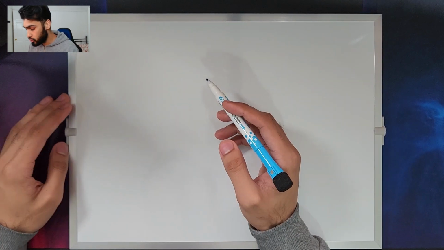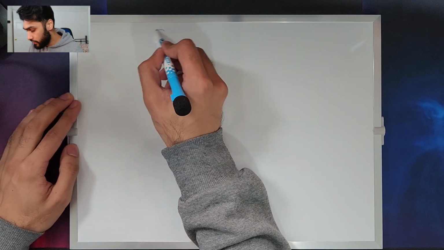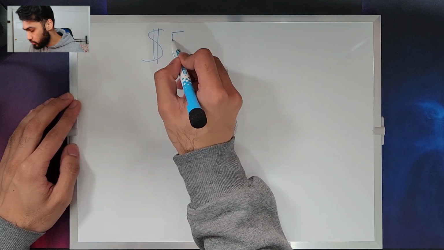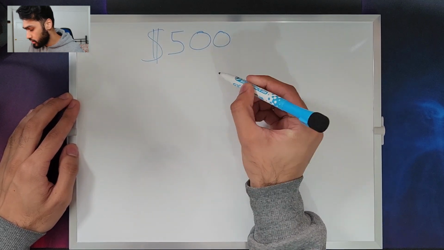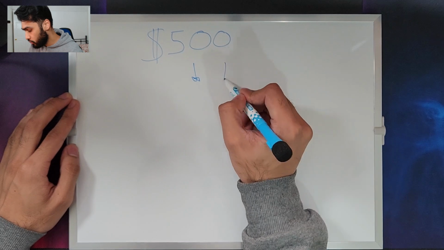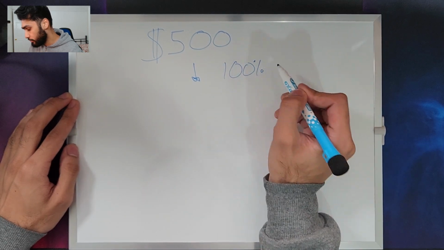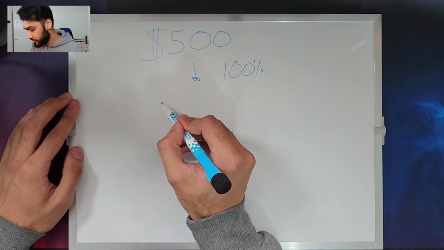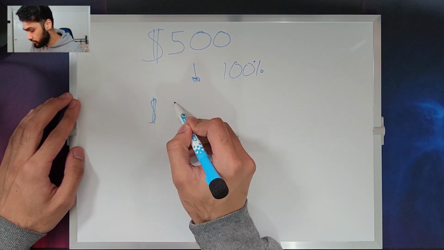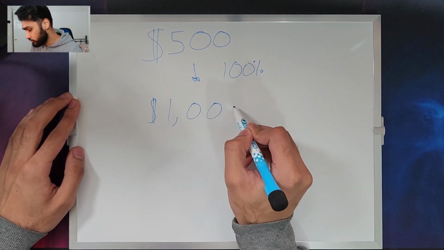Now, before I go over the risk management strategy which I'll be showing you guys, which is extremely powerful, I want to show you what exactly not to do. So if you have a $500 account, for example, I've seen a lot of people try and risk 100% of the account balance and try to flip it and make $1,000 from that altogether.